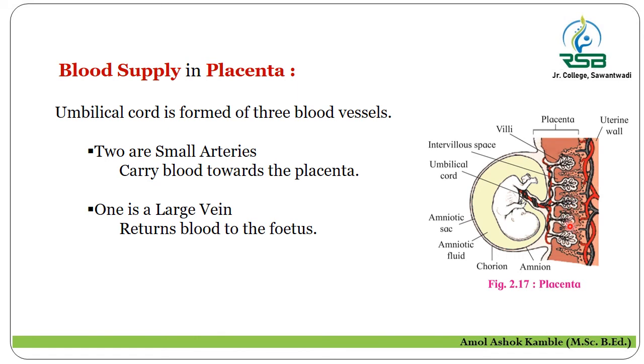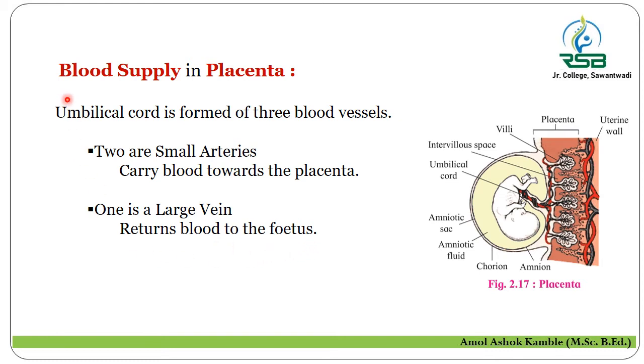The umbilical cord in the fetus is formed by three blood vessels. Of those, two are small arteries and one is a large vein. The two small arteries carry blood towards the placenta, while the large vein returns the blood to the fetus.